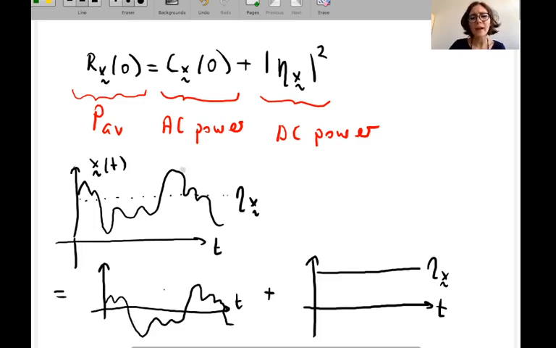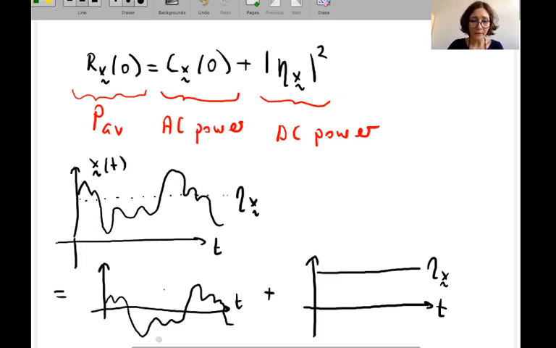And the average power of the first process is going to be called the AC power. But then you might ask, how do I know that this is equal to Cx of 0, of the original process? Actually, the trick is the following. If you subtract the mean, let's compare these two processes. The original process, x of t, has some autocorrelation function, Rx of tau.